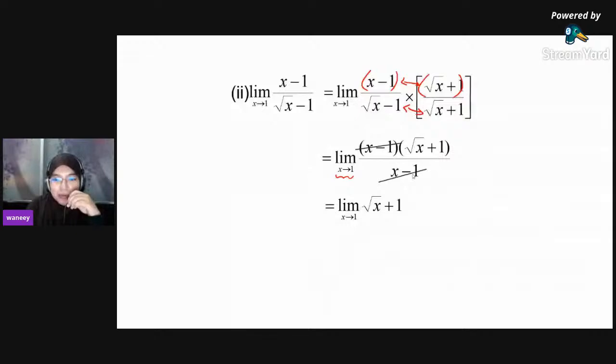So now you can easily replace the x with 1, so get rid of the word limit itself. So we get square root of 1 plus 1. And square root of 1 is actually 1. So 1 plus 1 is equal to 2. Okay, so done with this. So do remember, if you have 0 over 0, you have two methods. You can either factorize or you can multiply with the conjugate.